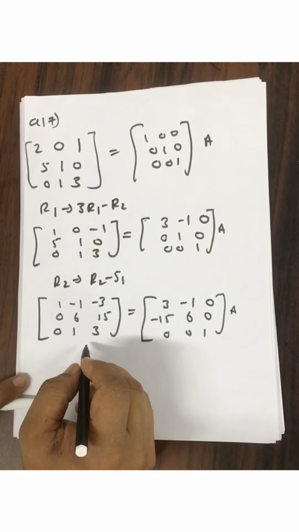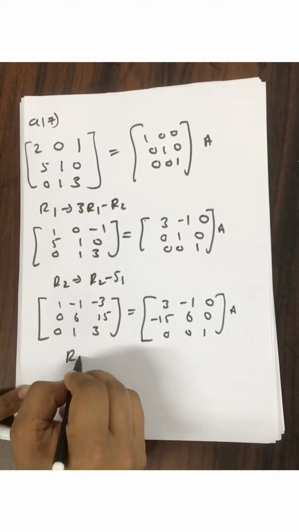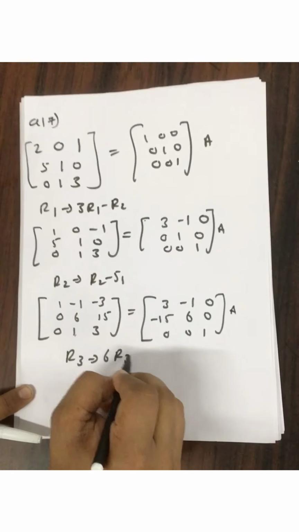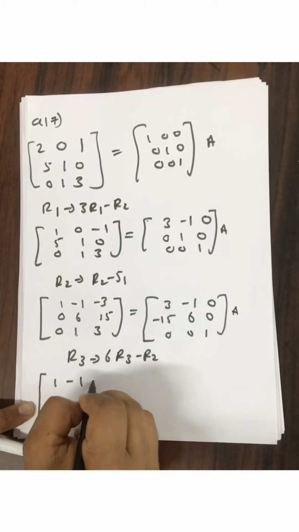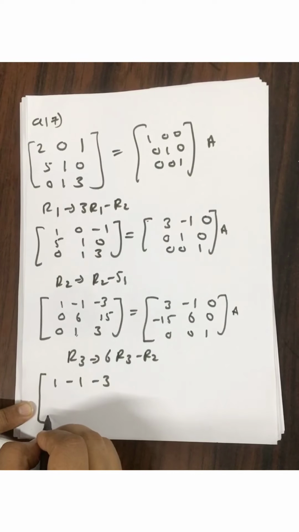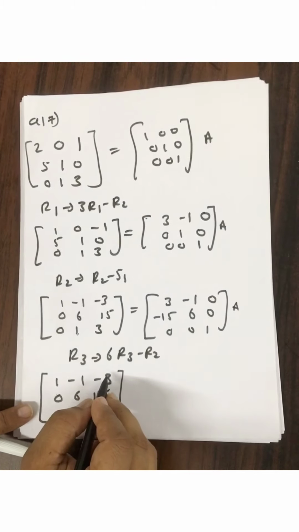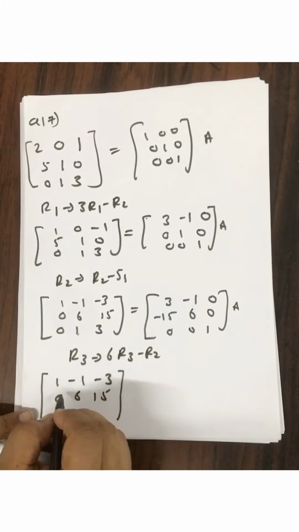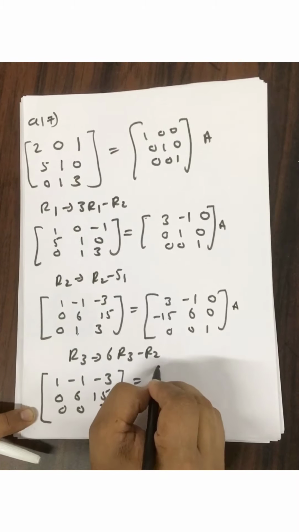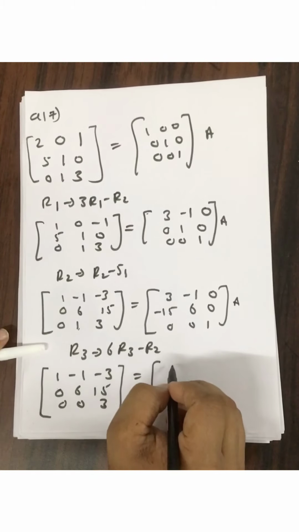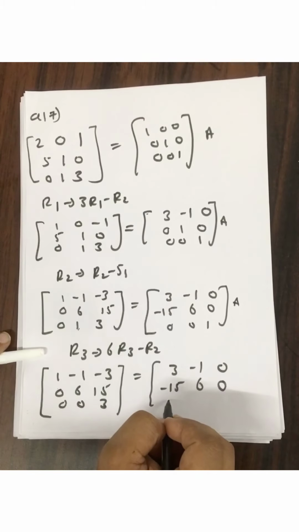Okay, next we have to get rid of this 0. So what happens? We will multiply R3, so 6 R3 minus R2. Can we do it? Yeah, this becomes easy. First will remain the same, it's easier, just copy them. So this 0 6 and 15, only the third one you need to change, R3, so this will be 0 0 3, equals to, and same over here, first two will remain the same, 3 minus 1 0, minus 15 6 0, and this will change.